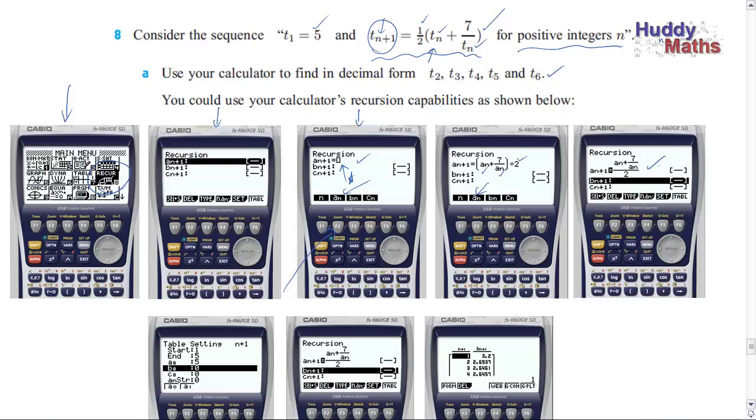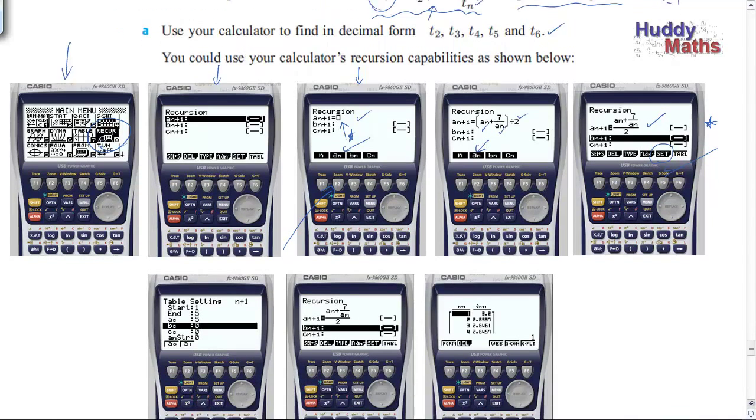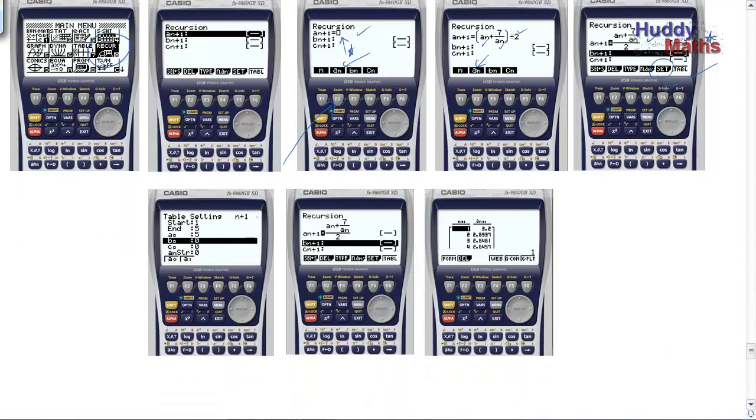All right, so once you've entered it and it's highlighted, so that's this line here, what we need to do now is to set it up. So we've got here set there, which is hitting F5. If you do that, we've got the setting here, and you've got to tell it what to start with. So we've got T1 was given, T2 to T6.